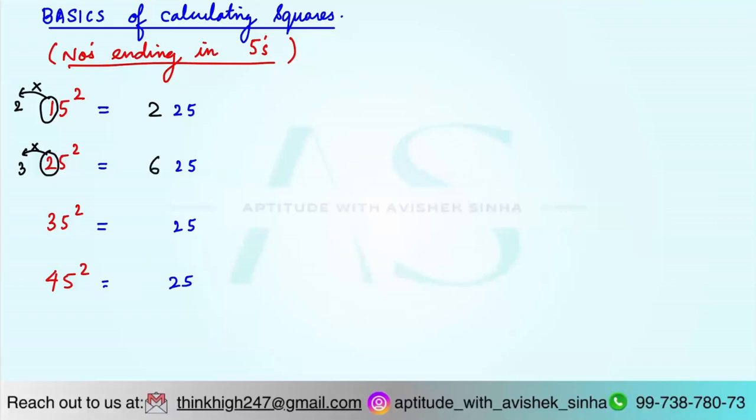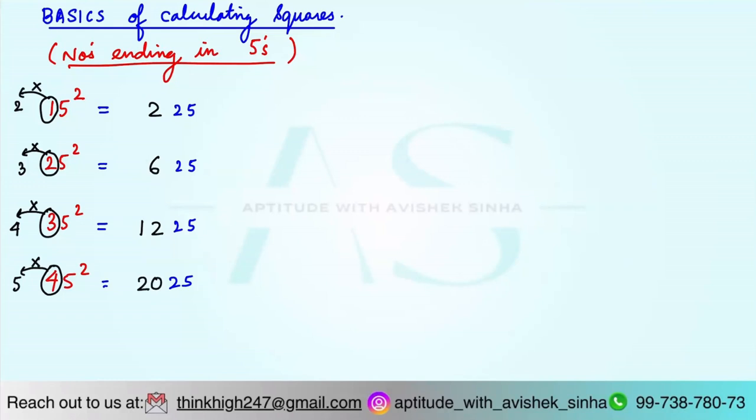Again, I'll repeat for the next question. Please pay attention. You have 3. Add 1, you get 4. 4 into 3 is 12. So this becomes 1225. Next, you have 4. Plus 1 is 5. 5 into 4, you get 20.